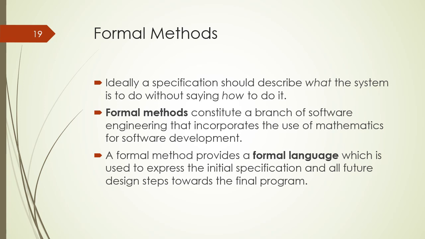A formal method provides a formal language which is used to express the initial specification and all future design steps towards the final program. Therefore, formal methods are used to represent the properties of software in a mathematical way, which actually represents the software functionality.